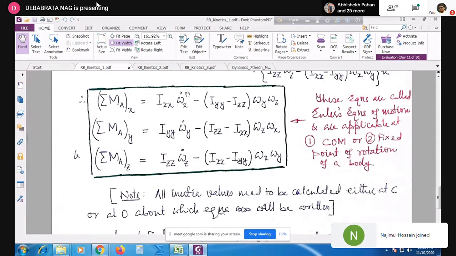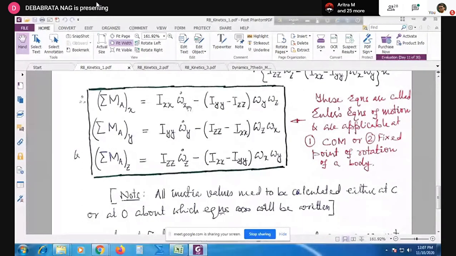I explained in my previous class why we require assumption 2 and assumption 3. Assumption 2 is very much essential: until and unless you fix your xyz coordinate axes to your body, your inertia terms will depend upon time, and differentiation of the inertia terms will be a hell of a difficult task, and that's why we considered the xyz axes to be body fitted.